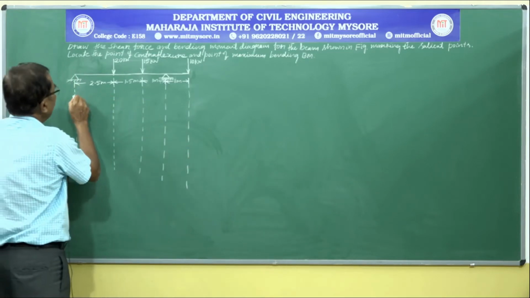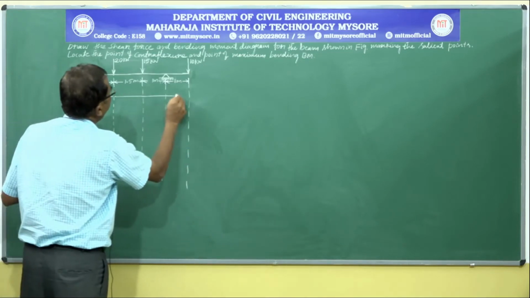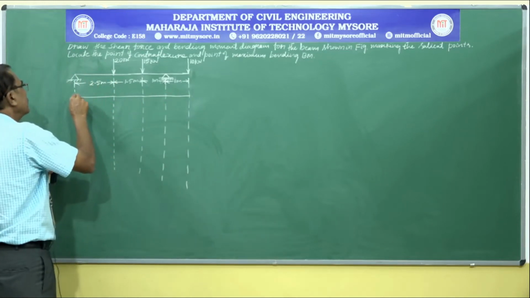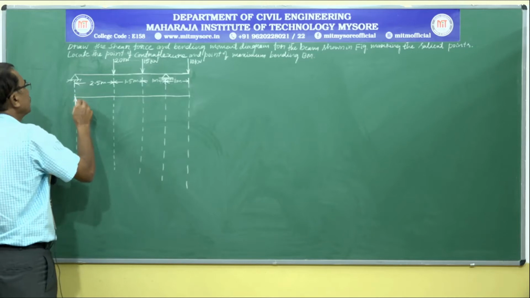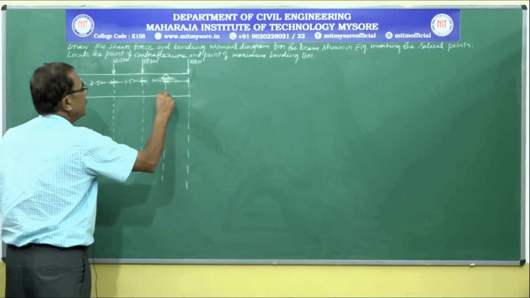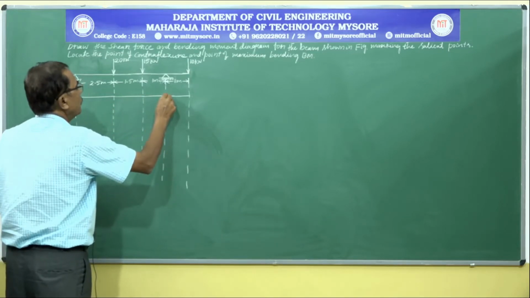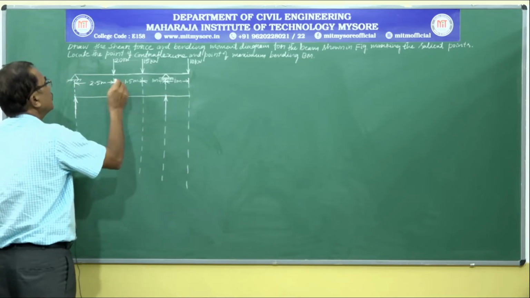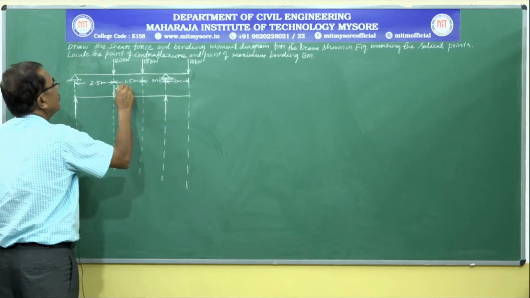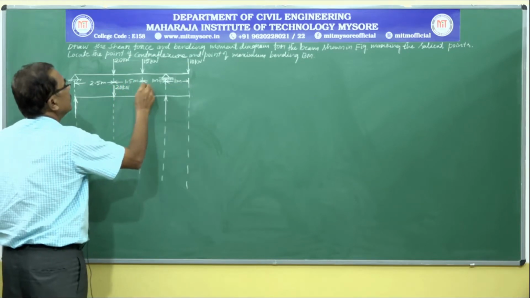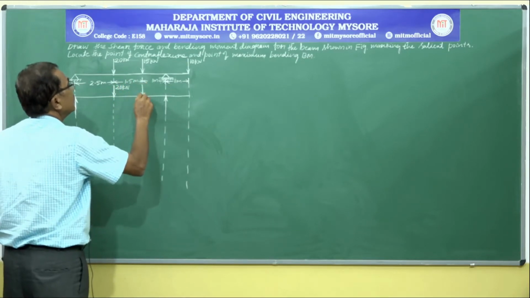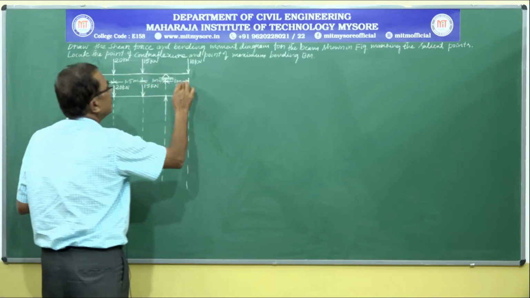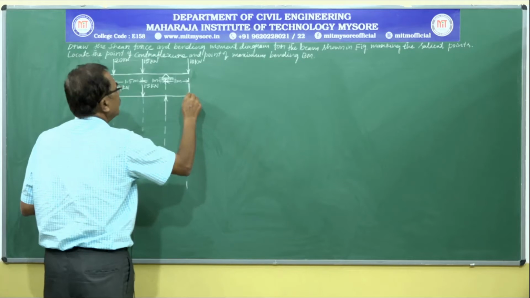Quickly redraw this loading diagram. Replace the hinge by a simple support, and the roller again by a simple support. Consider the point loads as they are: a 20 kilonewton load acting, another 15 kilonewton, and lastly 10 kilonewton.